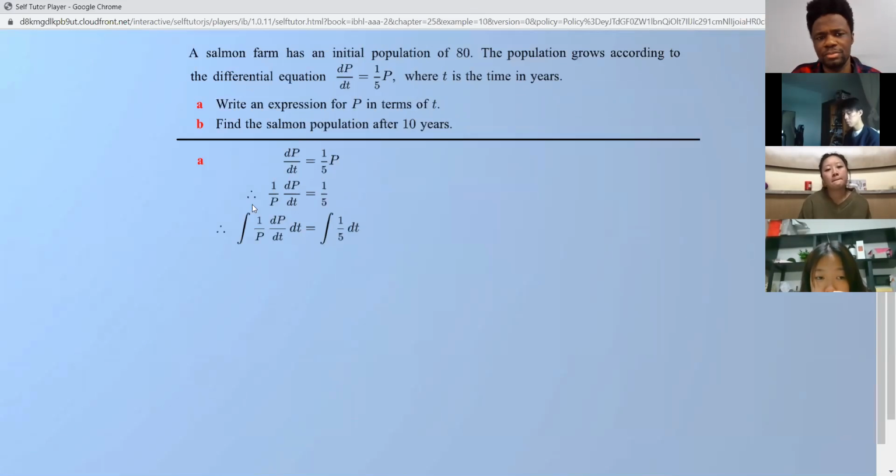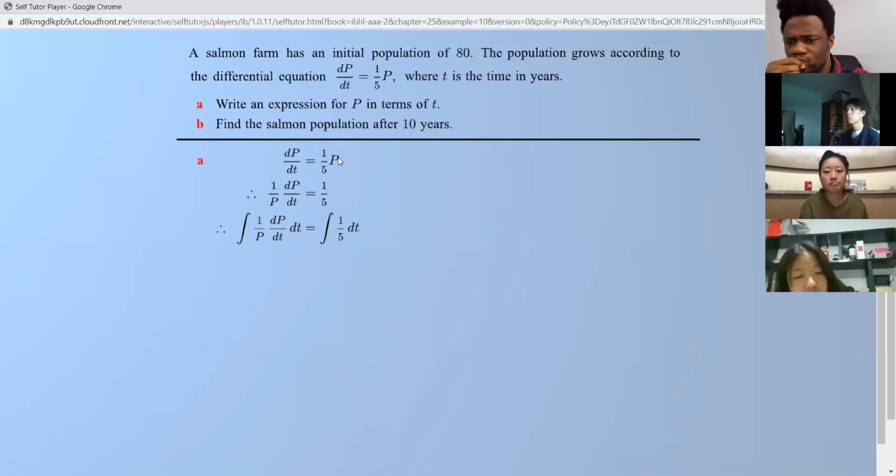Question, please. If this is dP/dt equals a function of one variable, who can tell me why we can't use the first method of direct integration? Again, this is dP/dt equal to (1/5)P, just one variable. Why do we have to apply separable variables?